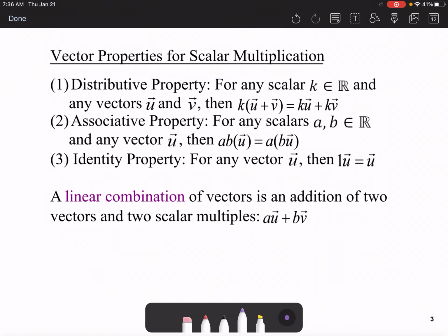Okay, so some properties of vectors for scalar multiplication. First of all, there is a distributive property. If you have any k value that's a real number, and two vectors u and v, and you have k times the quantity u plus v, then you can just multiply k by u and k by v to get ku plus kv.